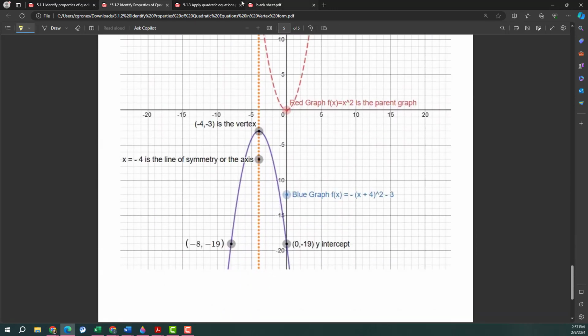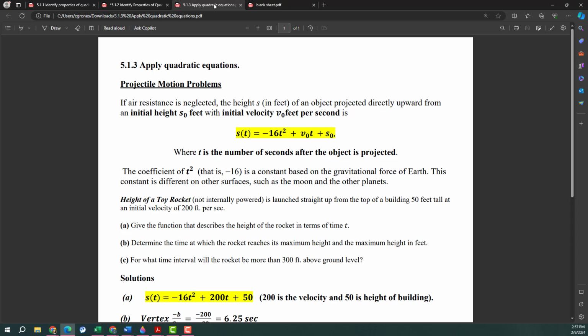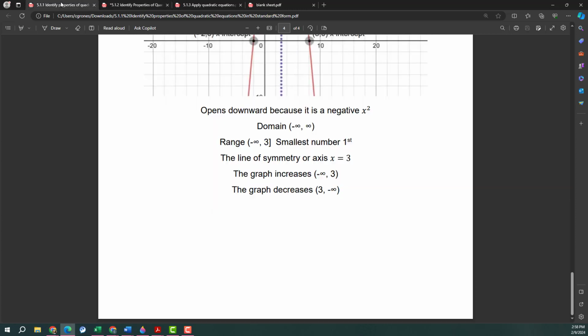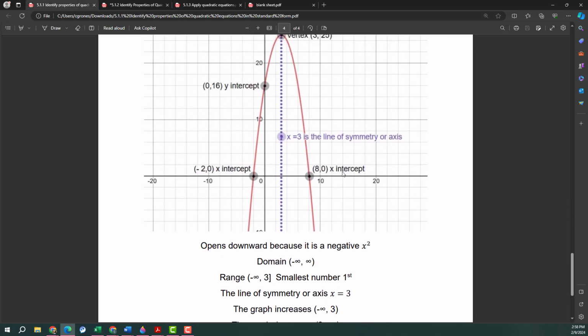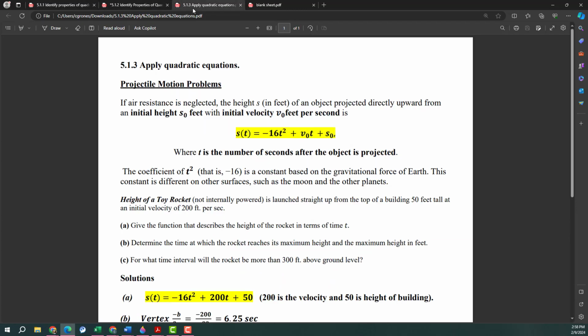And as usual, I'm going to be working through the homework problems just to give you some extra examples. You do have all of these examples, and everything is explained in your notes, but I'm going to let you look at those, and then I'm going to do the homework problems separately.